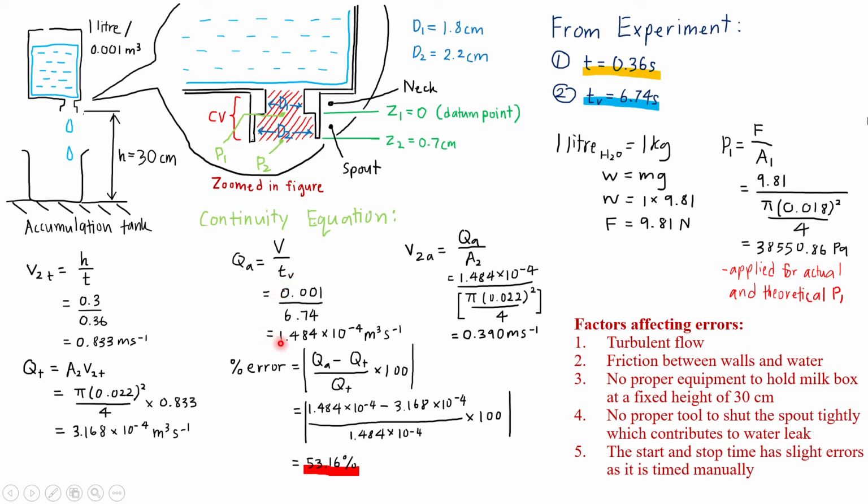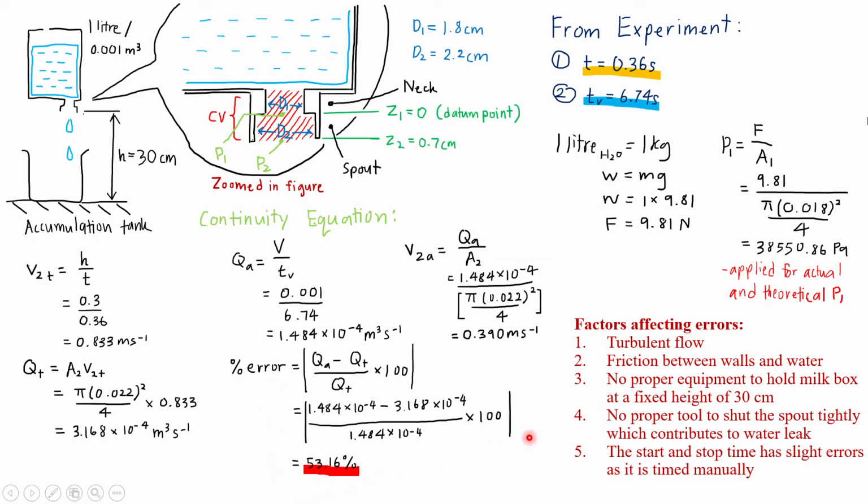So with that, we can find the value and then put it into the continuity equation to find the actual velocity at point 2, V2a, and this is the value. So the percentage error between the actual and theoretical flow rate is 53.16%.